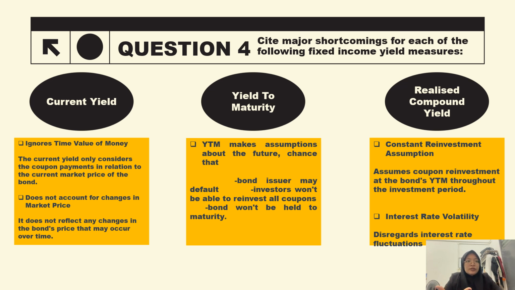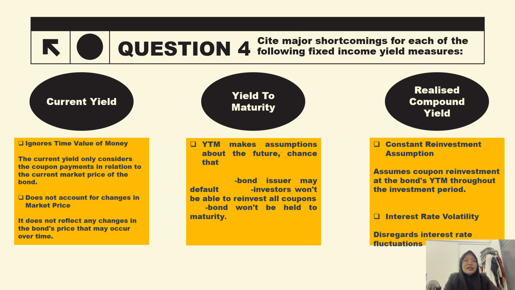We also know that compound yield relies on the assumption that coupon payments are reinvested at the bond's yield to maturity, which is YTM, consistently throughout the investment period. So this assumption may not align with actual reinvestment opportunities available to investors, potentially leading to inaccuracies in yield calculations.